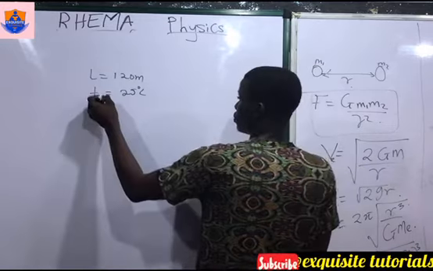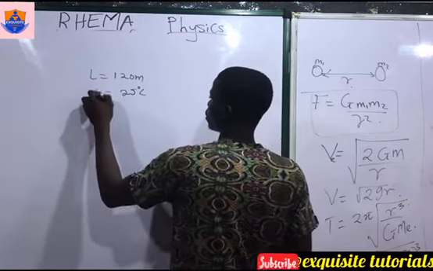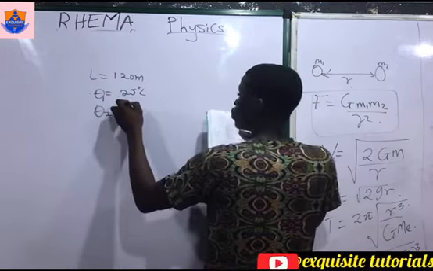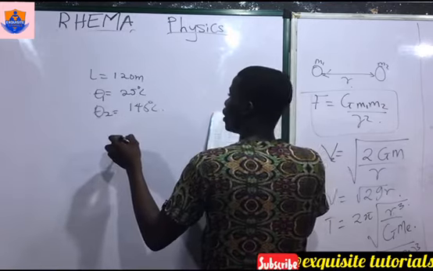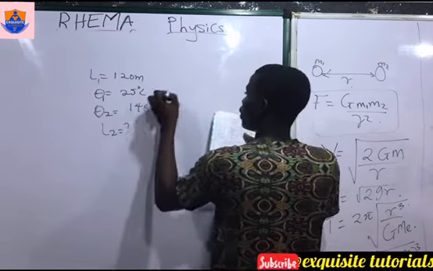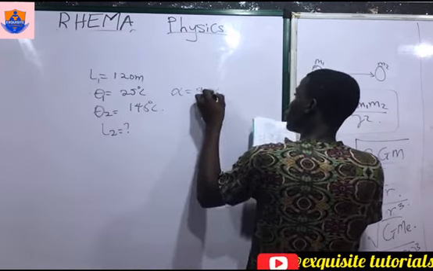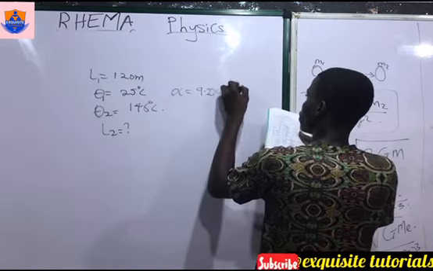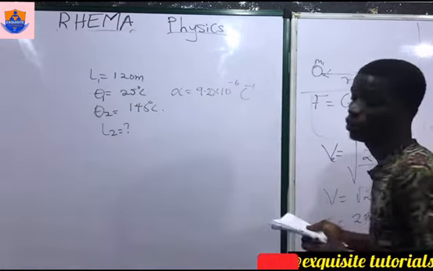It was heated to a final temperature, let's use theta, of 145 degrees Celsius. This is our L1, and we are told to find our L2, given that our alpha is equal to 9.2 times 10 raised to power minus 6. So this was how the question looked.